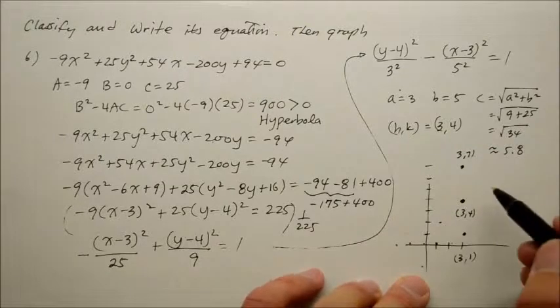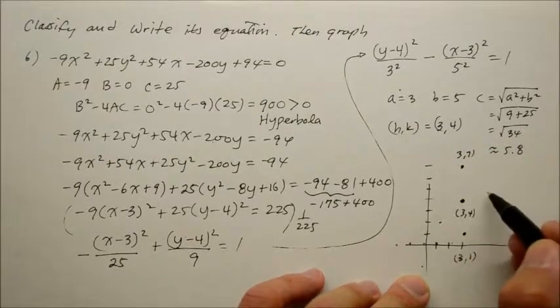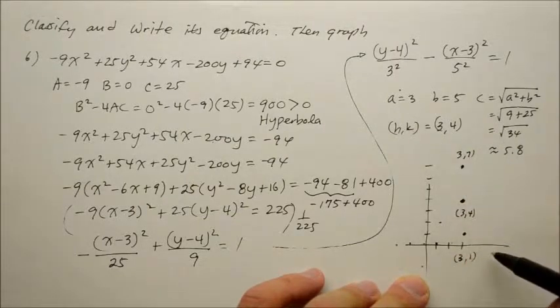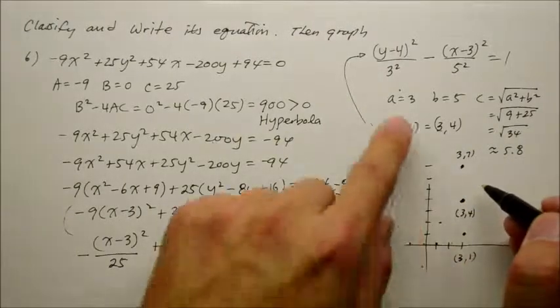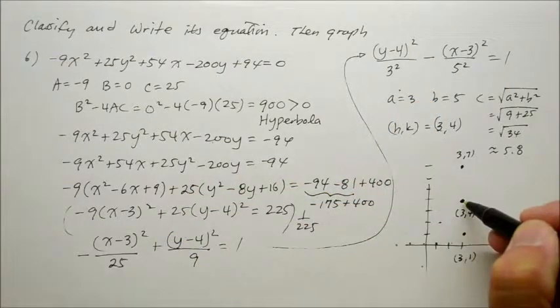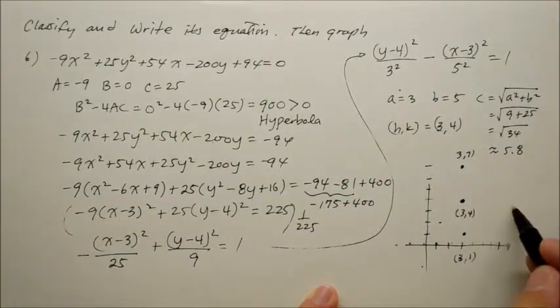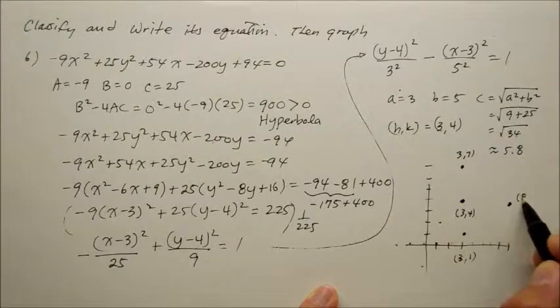Now, what about the B's? That will help us define the rectangle, which will help us to draw the asymptote lines. Well, B is 5 units away from the midpoint. So this way, 1, 2, 3, 4, 5, right there. This was a 3, so 5 over is going to be (8, 4).